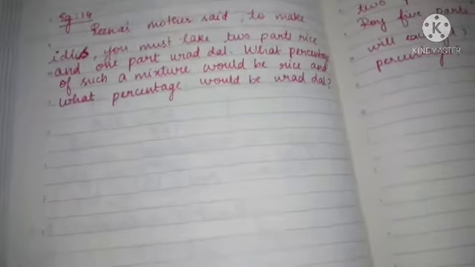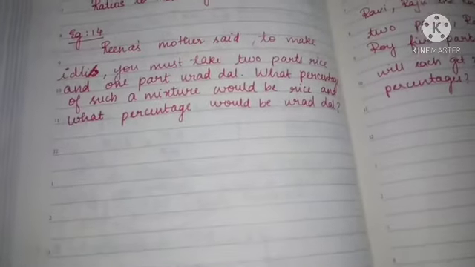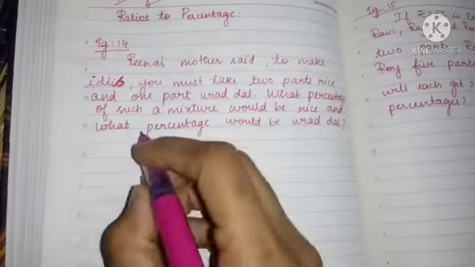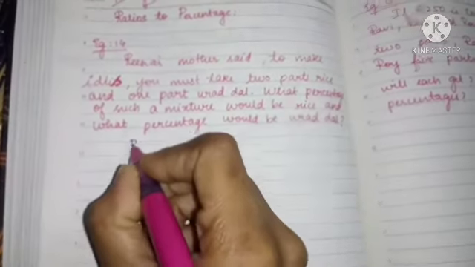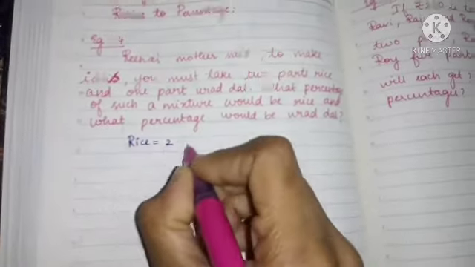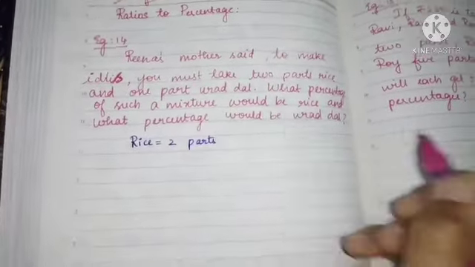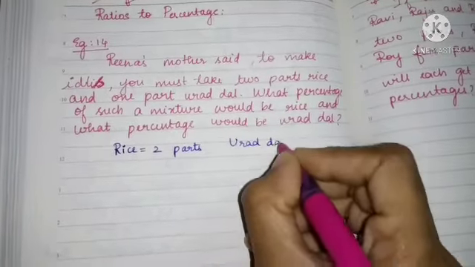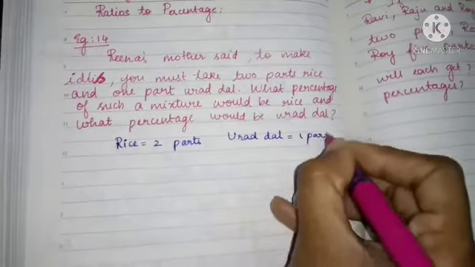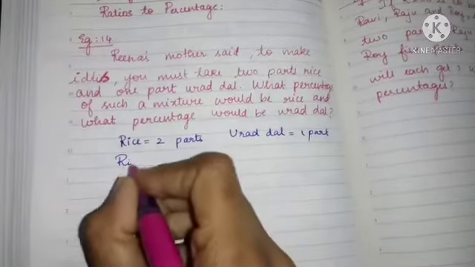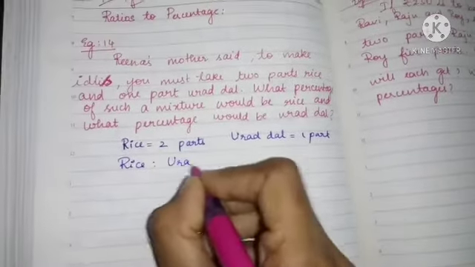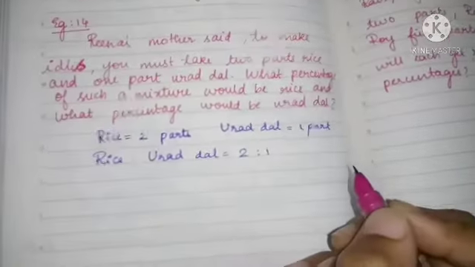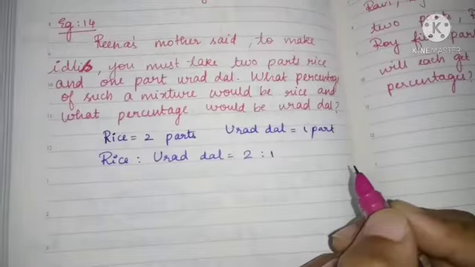If it is a fraction, we can easily convert it to a percentage. Listen, rice is 2 parts and urad dal is 1 part. So the ratio of rice to urad dal is 2:1.